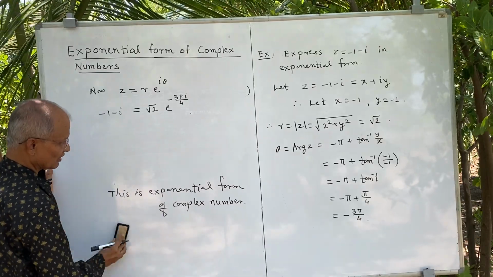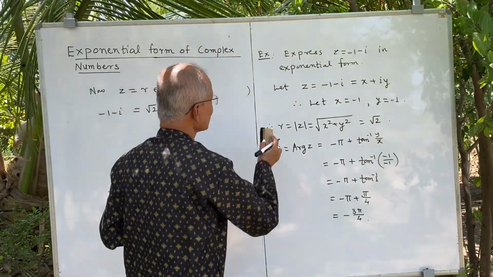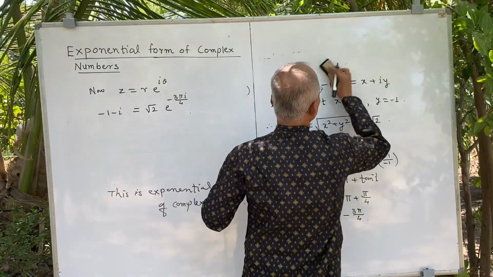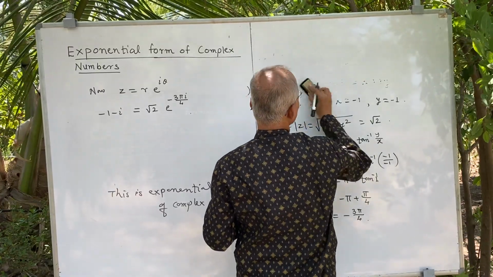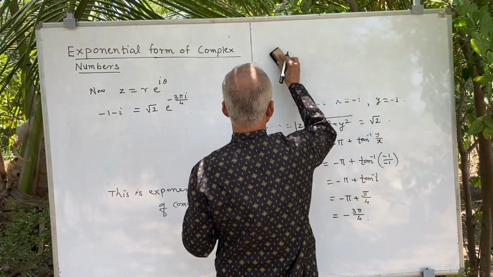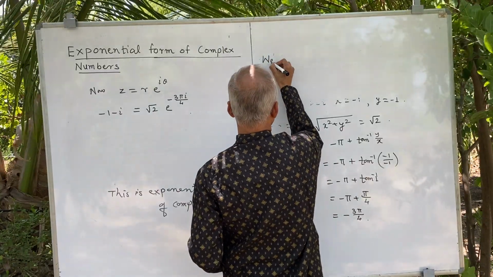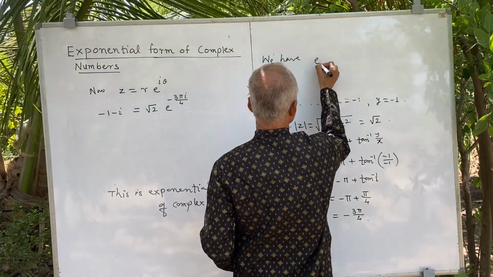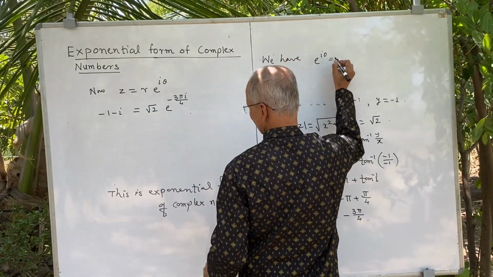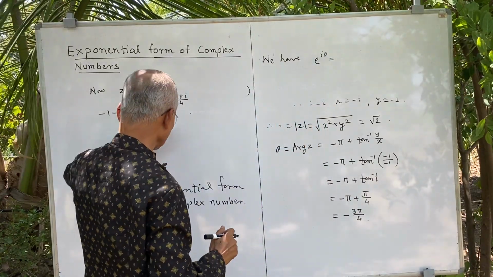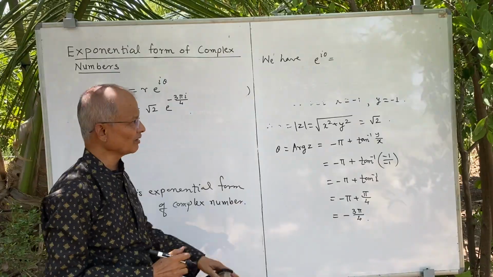Now we should note certain values of the exponential function. So this problem is completed; this is the exponential form of this complex number.